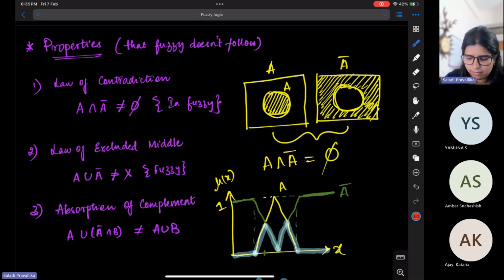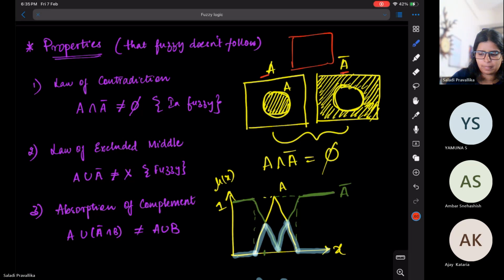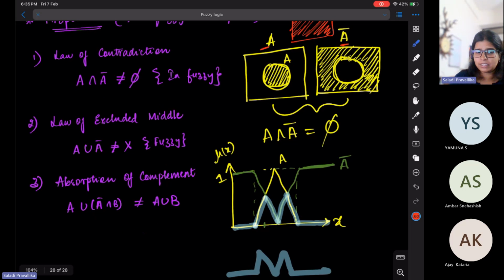In a classical set, when you take A and the complement of A and do a union between both of them, that is, you combine all the elements in both the sets, then it is going to give you one whole box, which is nothing but the universe of discourse, capital X. So in a classical set, A union A bar is equal to X, whereas in fuzzy sets, it is not the same.